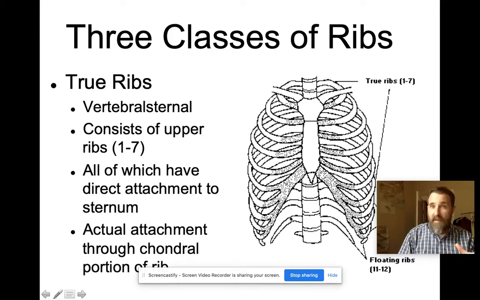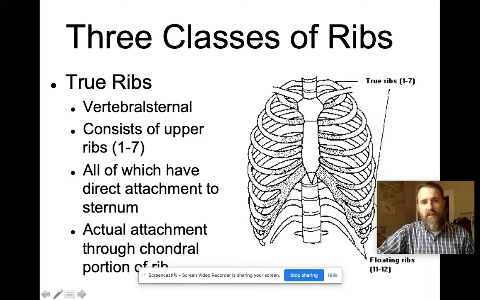The word vertebral sternal tells you that these ribs run between the vertebrae, the vertebral column, and the sternum. So these are the true ribs, the first 7 ribs. They all have an attachment posteriorly at the vertebral column, and all the true ribs have a direct attachment to the sternum.